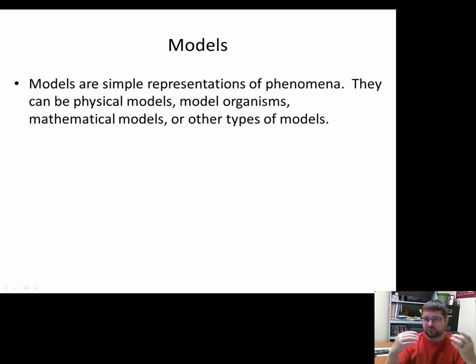And sometimes this is a model organism, so things like guppies and mice and C. elegans, and there are tons and tons of model organisms out there that we use because we know enough about them that we know their normal behavior, and we can see how they deviate from that normal behavior. And we know their normal physiology, and we see how they deviate from that.